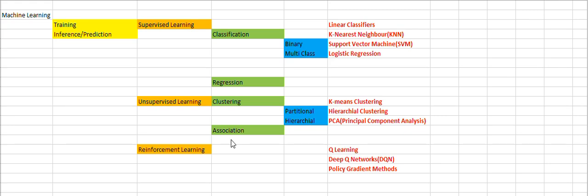So reinforcement learning is nothing but, what to say, the logic learned by interacting with the environment to get the positive or negative result. An example I'm giving, in a snake and ladder game, if you get a ladder you will go up, and if you are caught by a snake then you will go down.